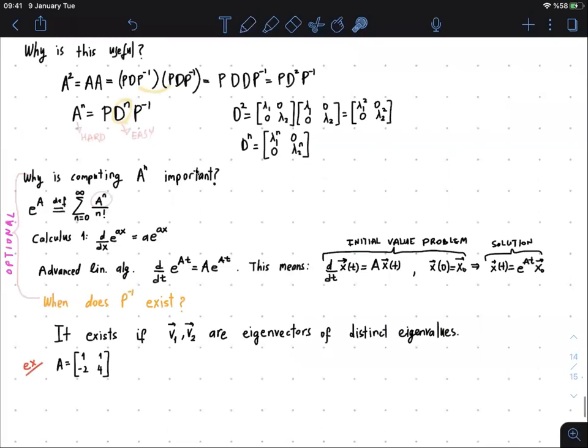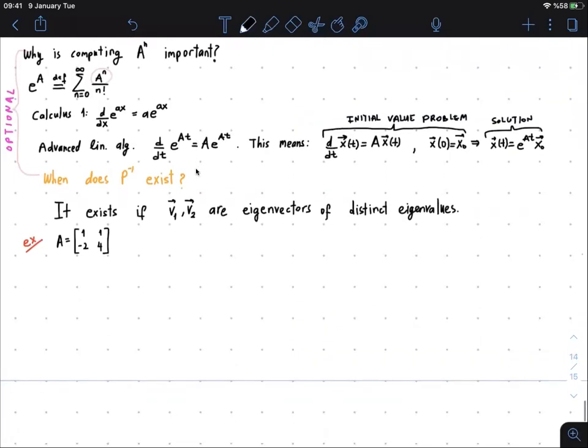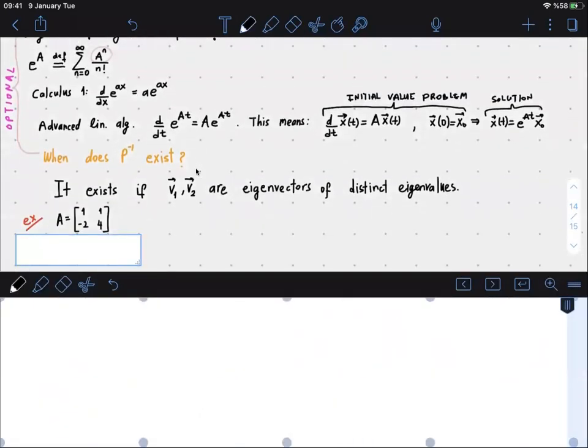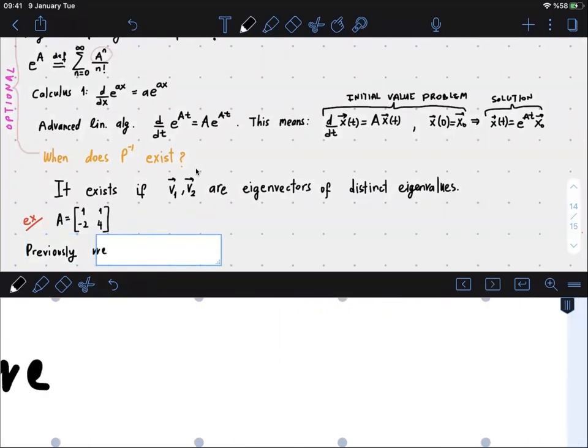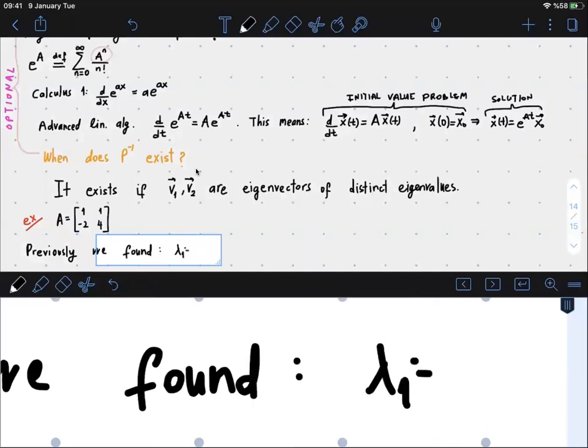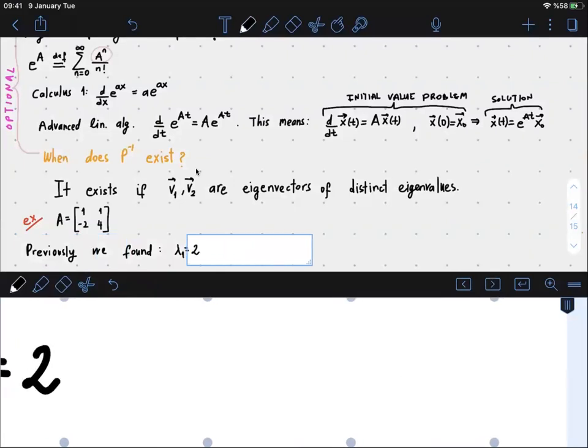Previously, we found lambda 1 is an eigenvalue, which is 2, with an eigenvector. We can take any of those infinite eigenvectors, so we can take 1, 1.